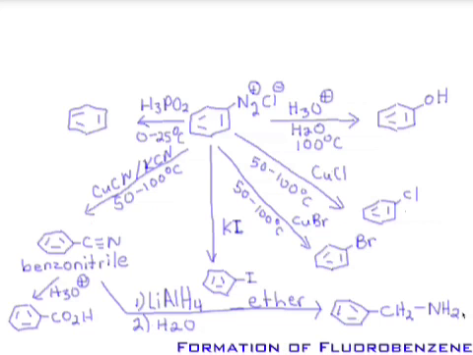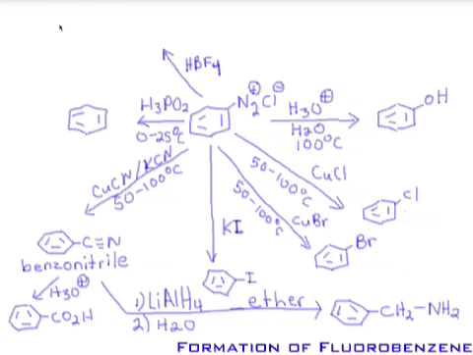Of course, the one molecule I am missing in all of this is fluorobenzene. We have not seen a way of making fluorobenzene yet. If I use HBF4, fluoroboric acid, the H will grab the Cl and become HCl, and the BF4 will be a counter ion.